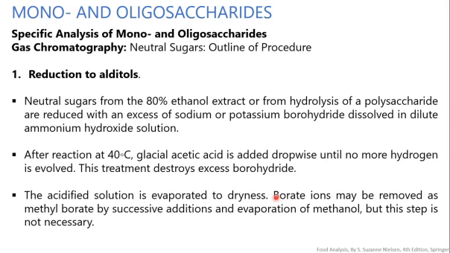So there is a complete reduction that takes place. This treatment destroys excess borohydride. The acidified solution is evaporated to dryness. The borate ions may be removed as methyl borate by successive additions and evaporation of methanol, but this step is not necessary.